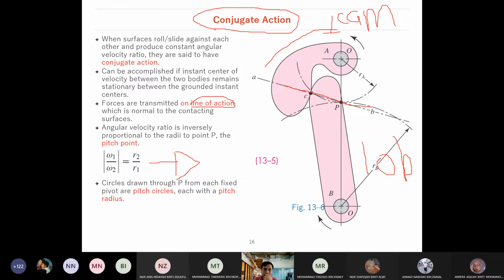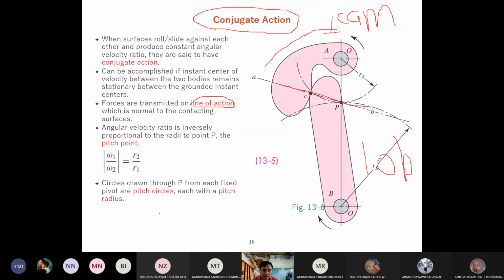So by having this conjugate action, we can have this formula, which is omega 1 divided by omega 2 inversely proportional to R2 per R1. Common sense awak tengok kat sini, kalau you ride a bicycle. Saya cuba lukis. Kenapa formula ni ada?